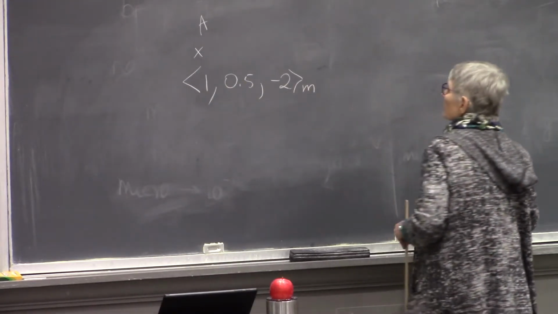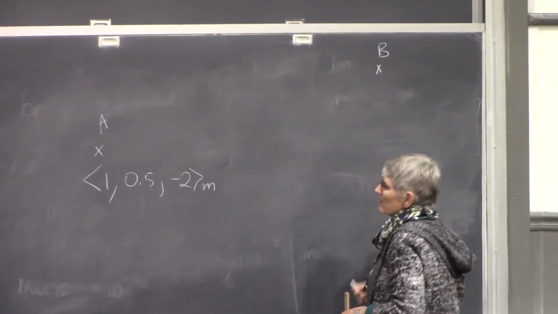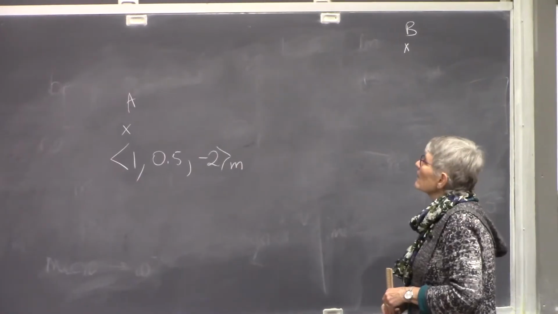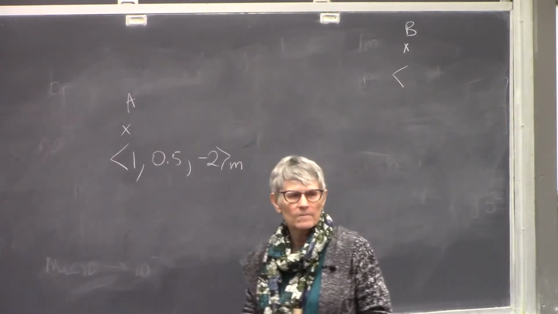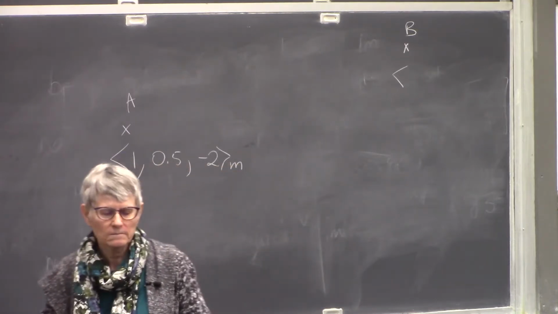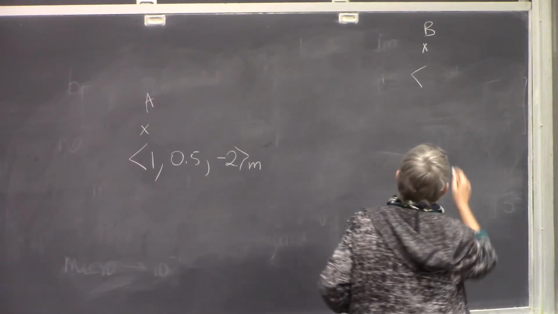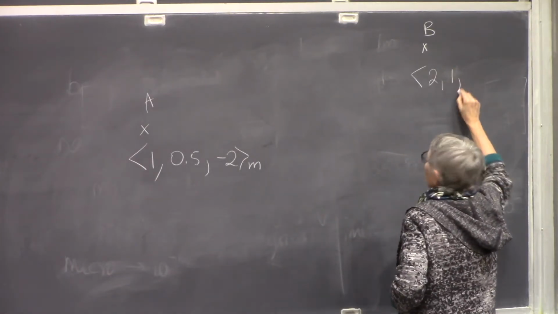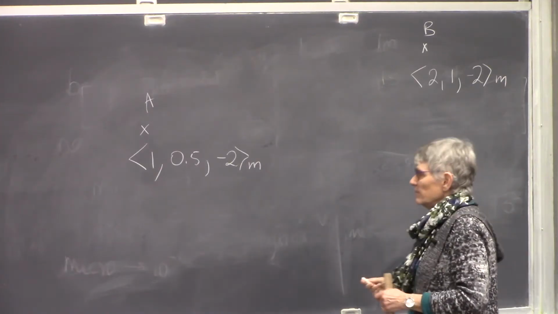And if we have a location B, okay, what do you think its coordinates are? Okay, 2, 1, and the z-coordinate is the same, isn't it? So it's -2 meters.